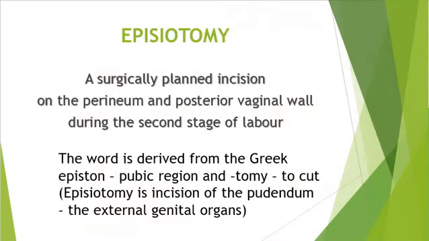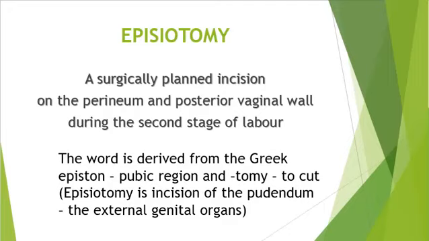So coming to episiotomy, what is episiotomy? It is a surgically planned incision on the perineum and posterior vaginal wall during the second stage of labor. So it is purposely that this incision is done. The word episiotomy is derived from the Greek episton, which is the pubic region, and tomy, that is to cut.